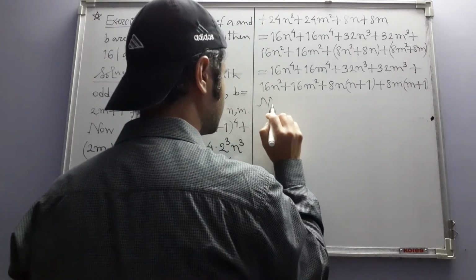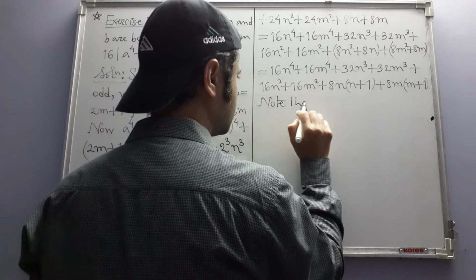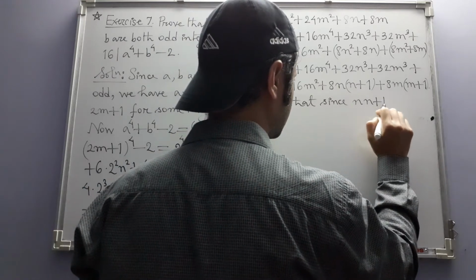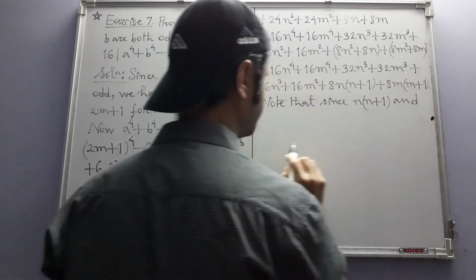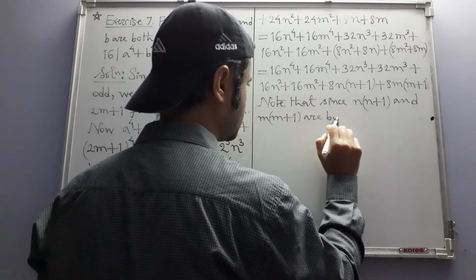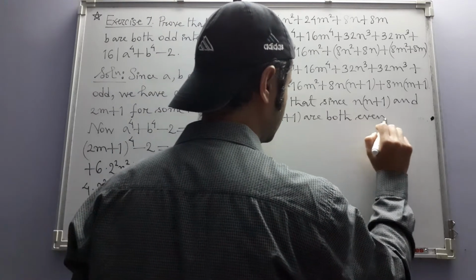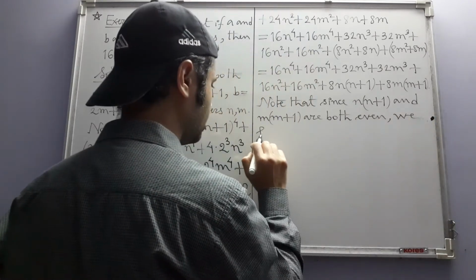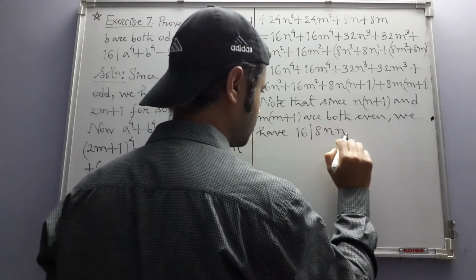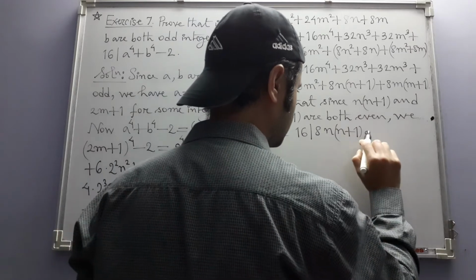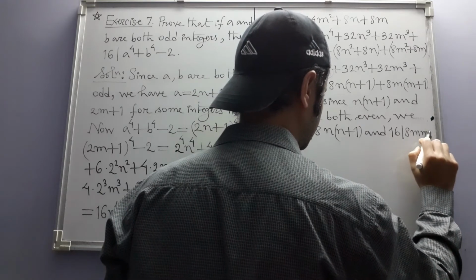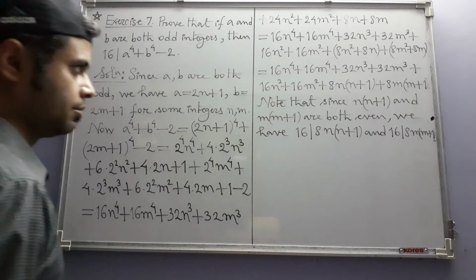Note that since these are both even, we have 16 dividing 8 times m plus 1.